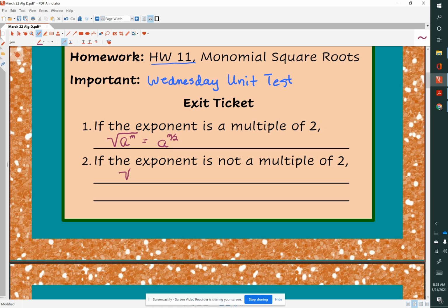So in this case, a to the m power, where m is not a multiple of 2, will equal a to the m minus 1 times a. So we can put an example there. Let's use r. Square root of r to the 7th power will be the square root of r to the 6th power times the square root of r, which will equal r to the 3rd square root of r.